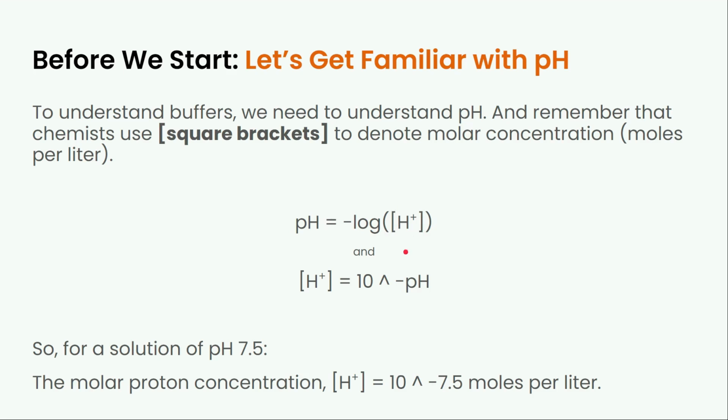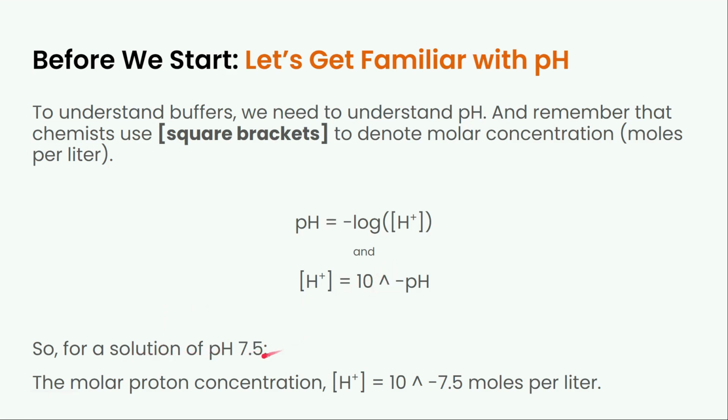And then conversely, we can convert pH back to the molar proton concentration by taking the anti-log of this function, or exponentiating it. So our molar proton concentration is simply 10 to the power of minus pH. This little upward pointing arrow, or caret, means to the power of.